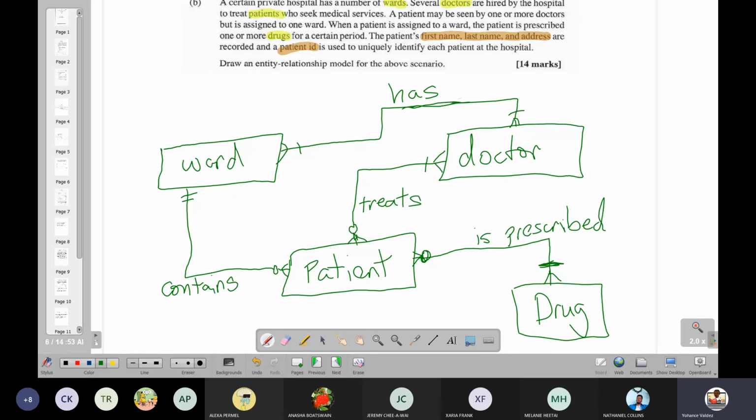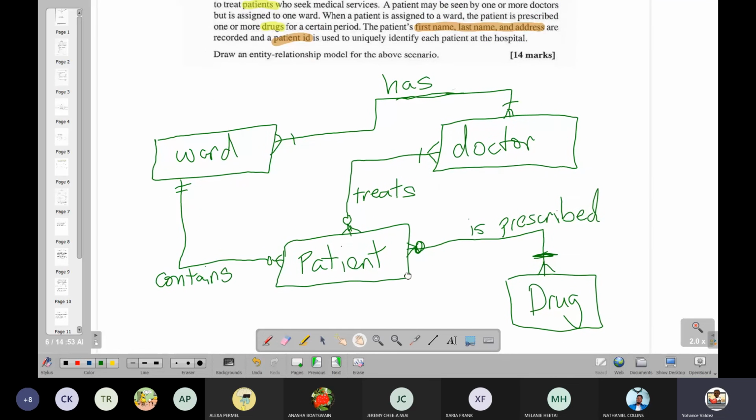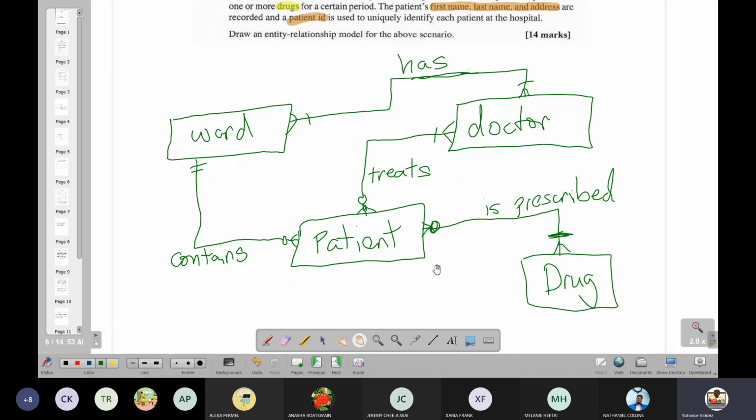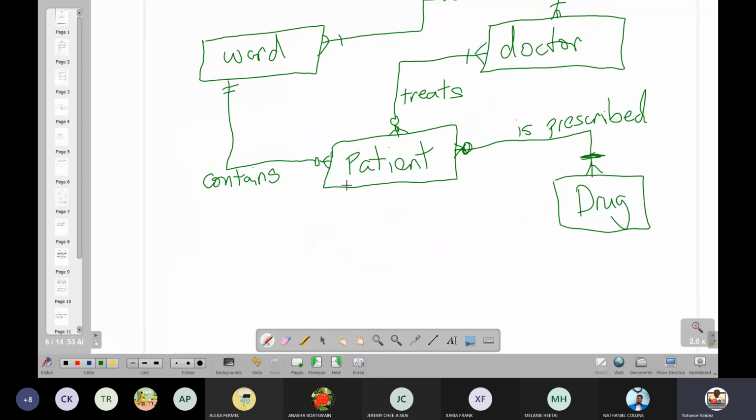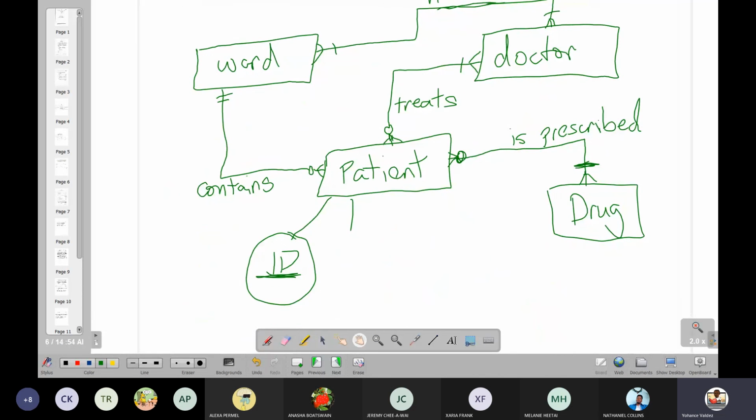one or more drugs. And now we have to put in the patient's information, first name, last name, address, and ID, right? So each patient will have an ID, and that ID is the identifying attribute. So we underline that, right? And then we have their first name, last name, and address.